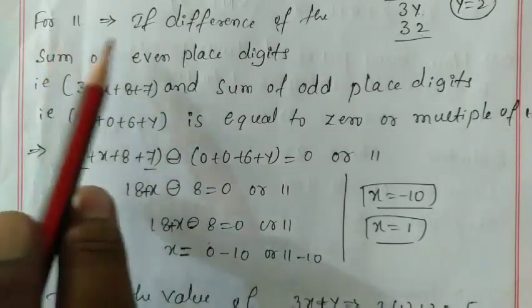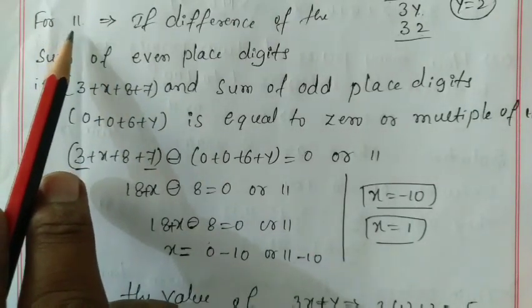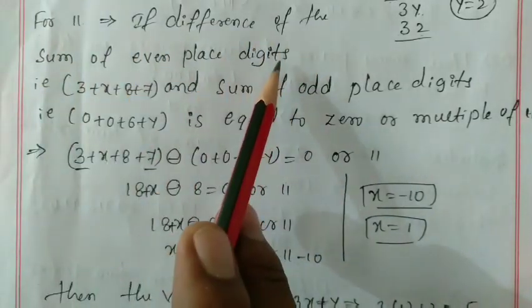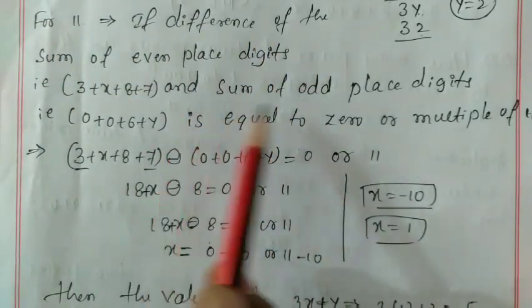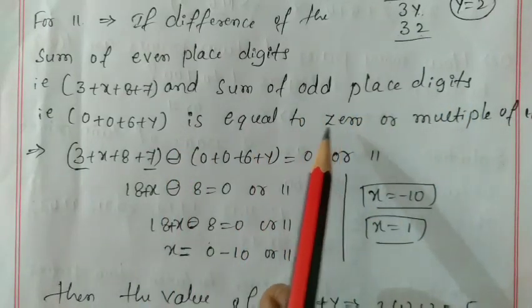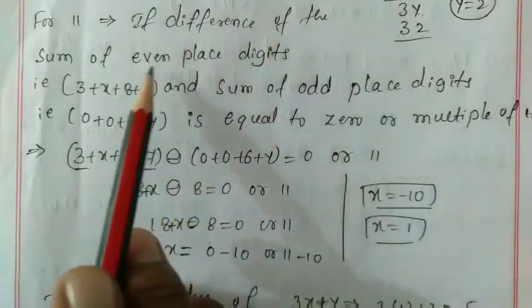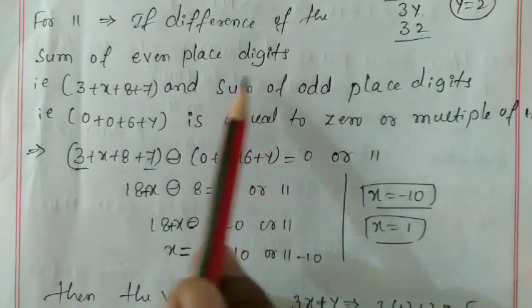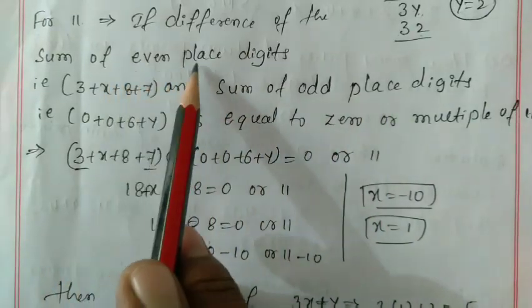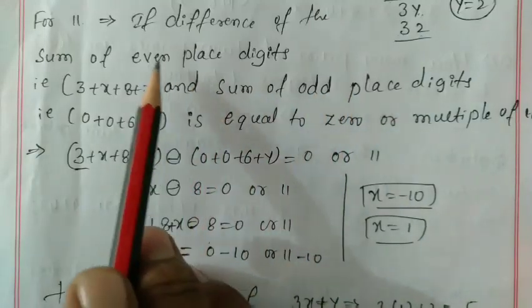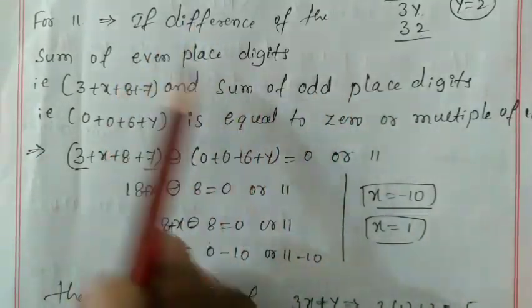So for 11, when will you say the given number is divisible by 11? If the difference of the sum of even place digits and the sum of odd place digits is equal to 0, you can first add the even places and the odd places, after that you can find the difference between these two.